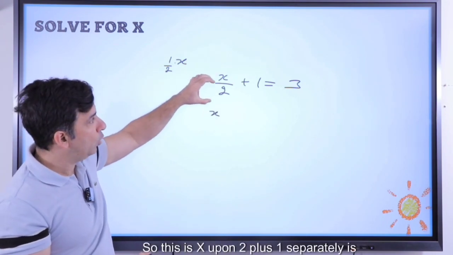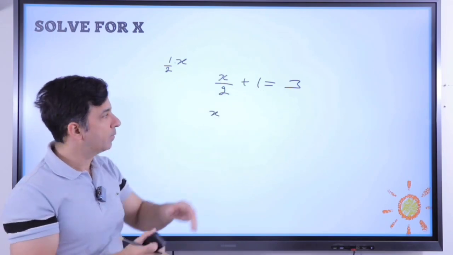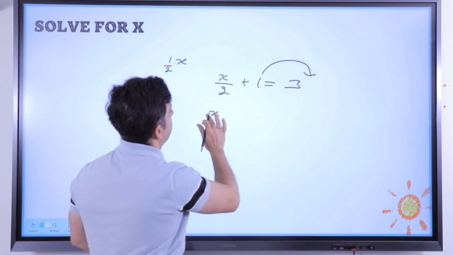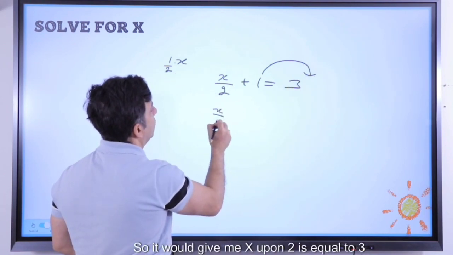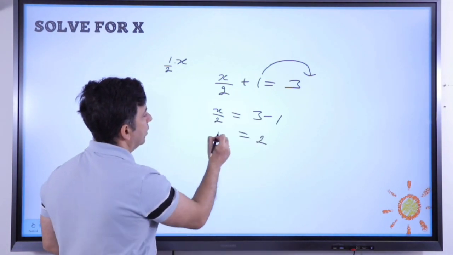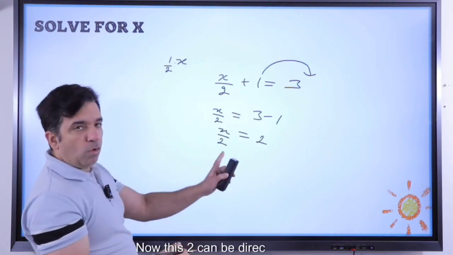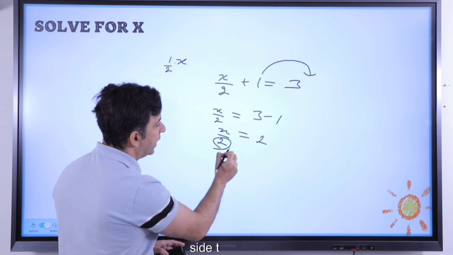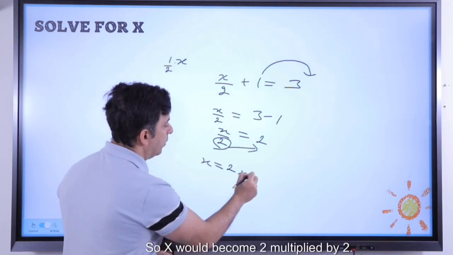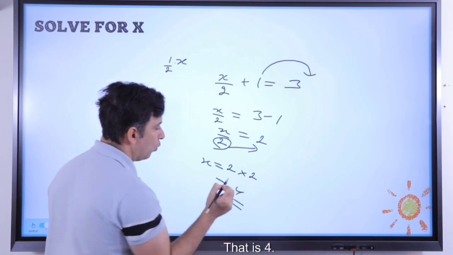So this is x upon 2 plus 1 separately is equal to 3. So first we'll take this 1 from this side on the other side. So it would give me x upon 2 is equal to 3 minus 1, that is 2. Now this 2 can be directly taken from this side to the other side. So x would become 2 multiplied by 2, that is 4.